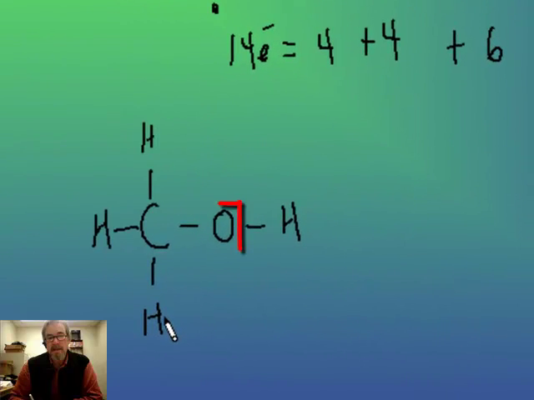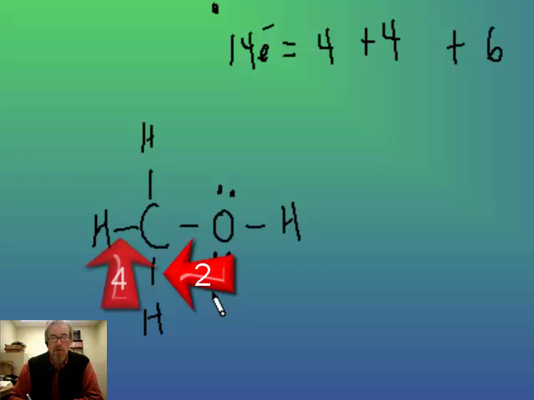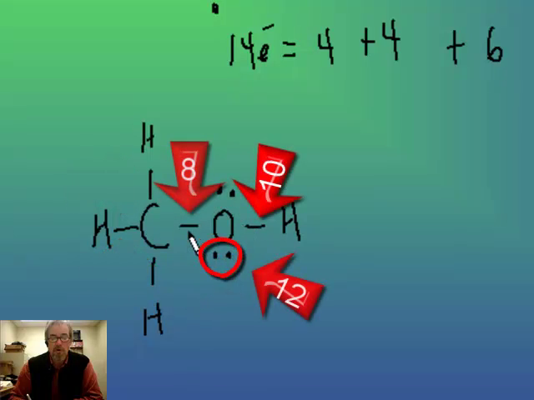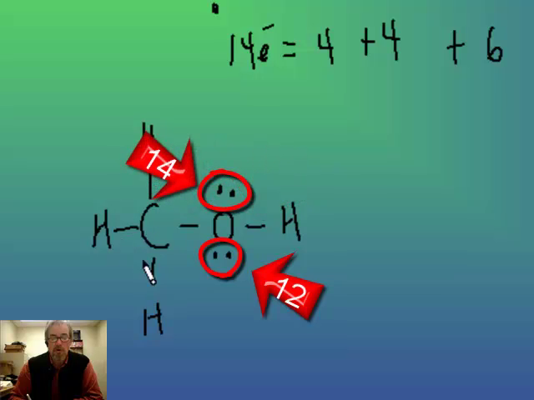Everything has a full octet except for the oxygen's not okay. It needs 2 more pairs of electrons, and so I'll put them in on the open 2 sides. Now I count up. 2, 4, 6, 8, 10, 12, 14 electrons. My structure's good.